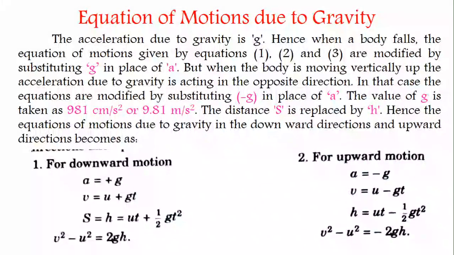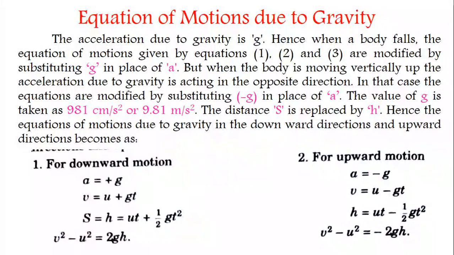Equations 1, 2 and 3 are v equal to u plus at, s equal to ut plus half at squared, and v squared minus u squared equal to 2as. Here, instead of a, g is substituted in the gravitational equation.